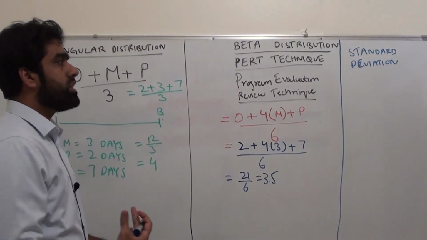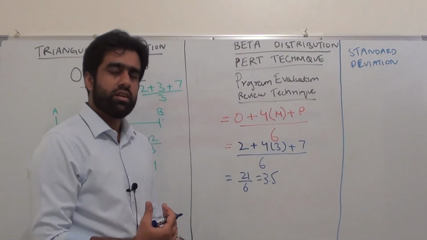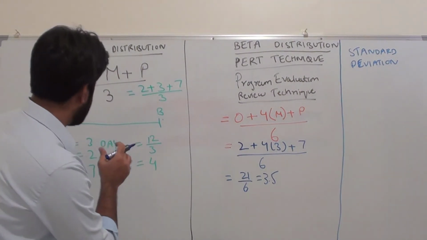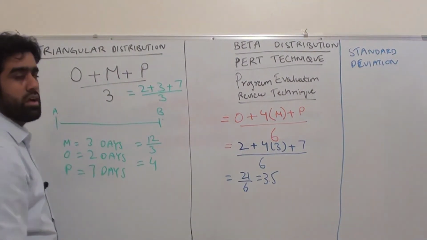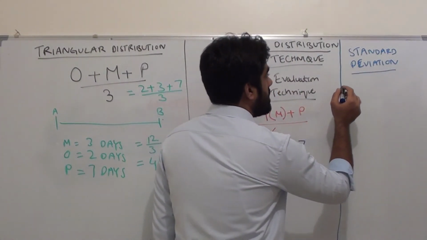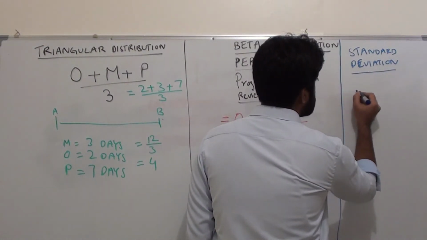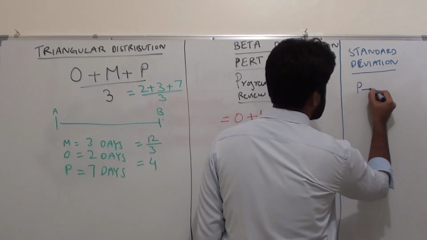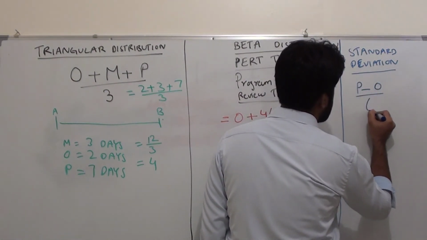Standard deviation is used if we want to know the deviation between pessimistic and optimistic. It's again a very simple formula. You'll be very happy if you get this question in the exam. Standard deviation is pessimistic minus optimistic divided by 6.